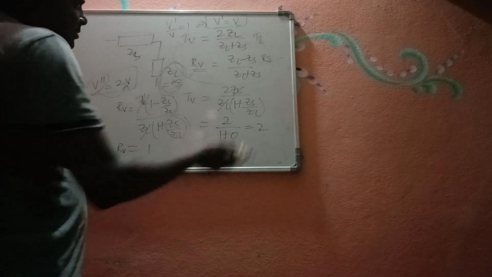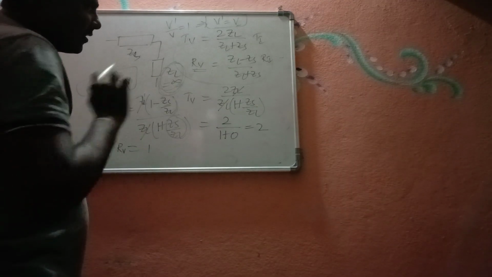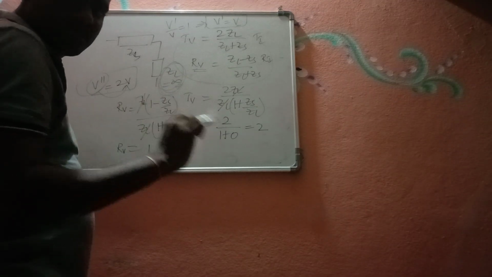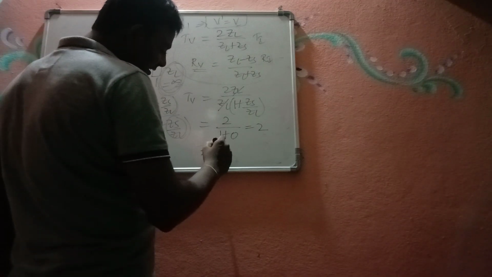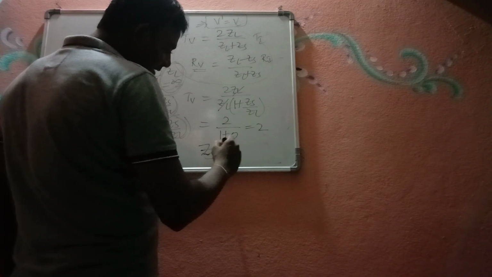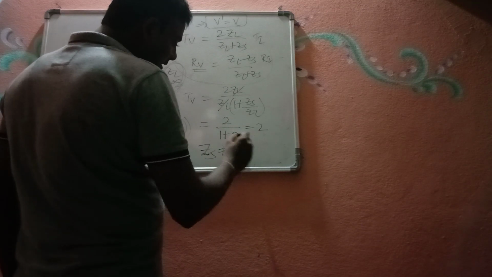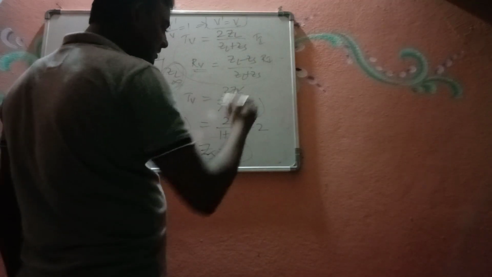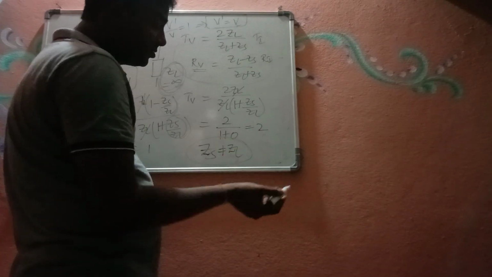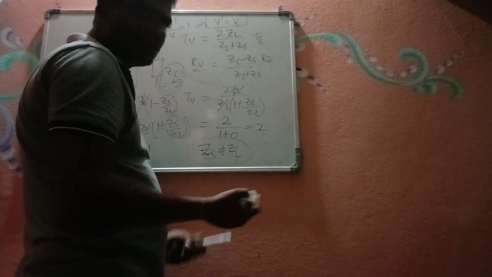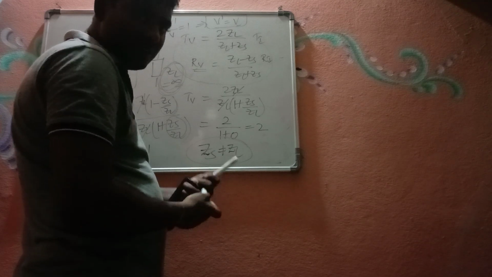In order to understand this, first we need to understand a basic case study. That case study is when Zs is not equal to Zl. If you understand this, you can understand open circuit, short circuit, inductive load, capacitive load in a comparatively easy manner.